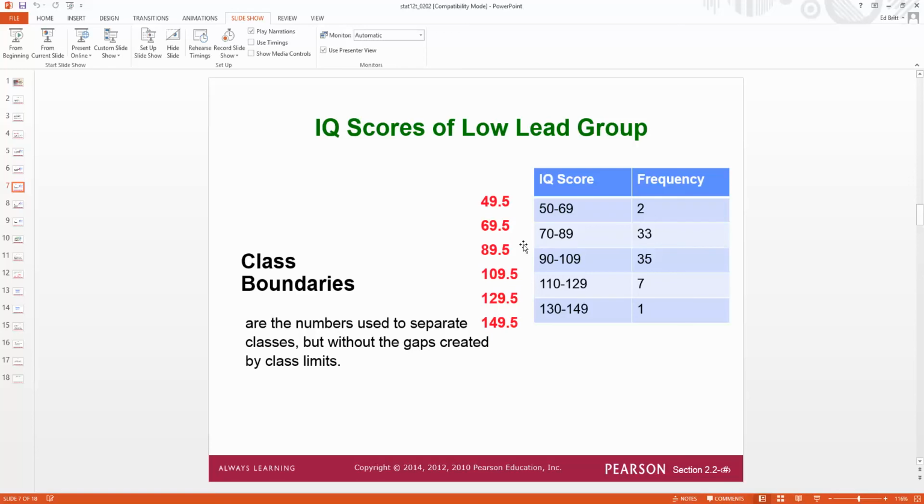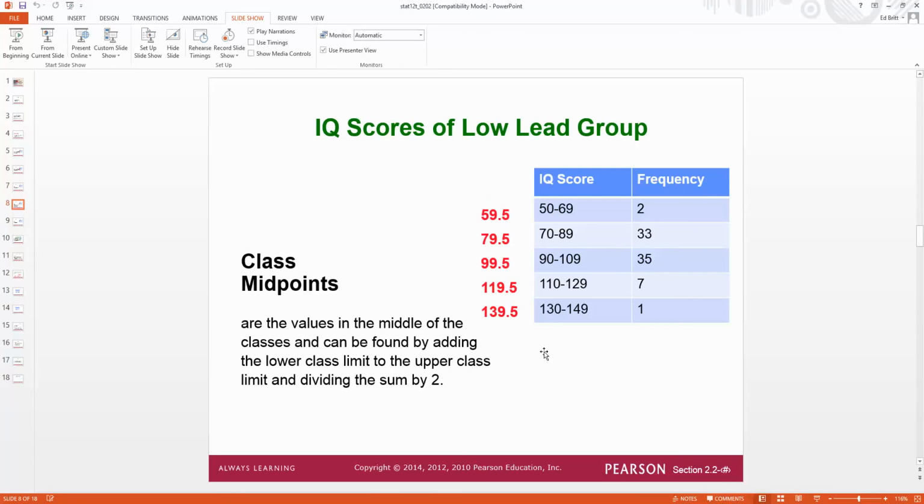Add 0.5 to 89, you get 89.5, and so on and so forth. Now, it's not always 0.5, but for this particular example, the distance between the upper class limit and the next lower class limit is 1. 1 divided by 2 is 0.5. So you have to figure out what to add or subtract to get your class boundaries.